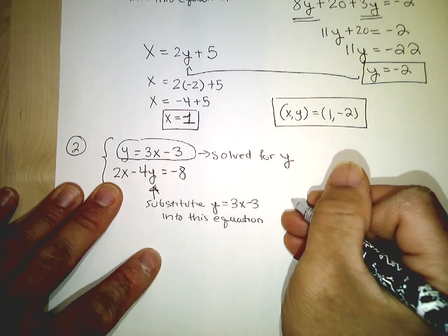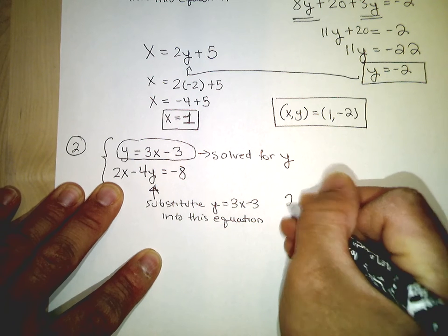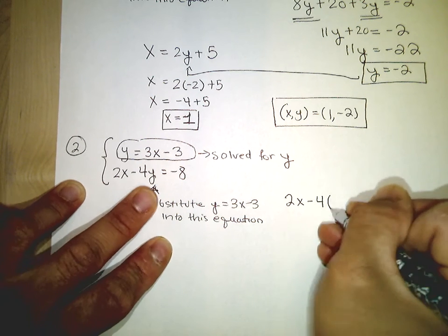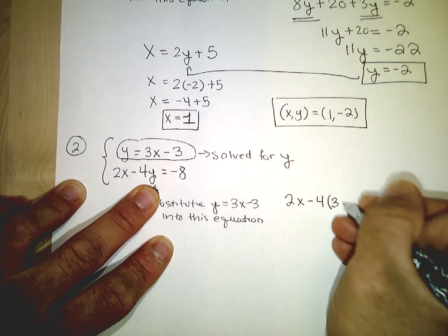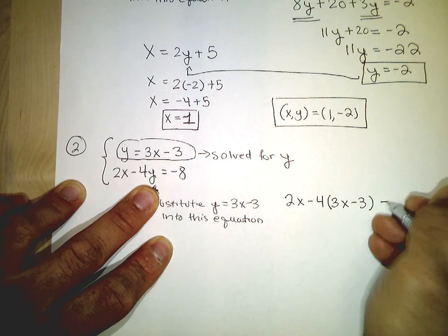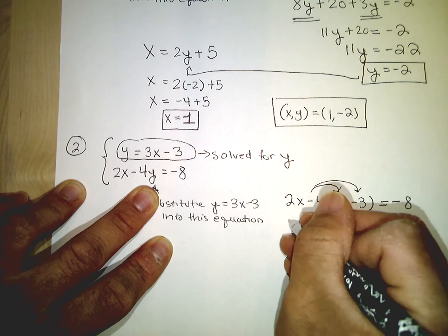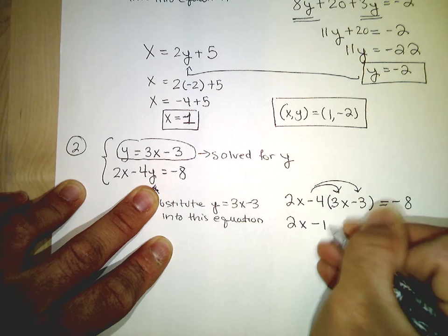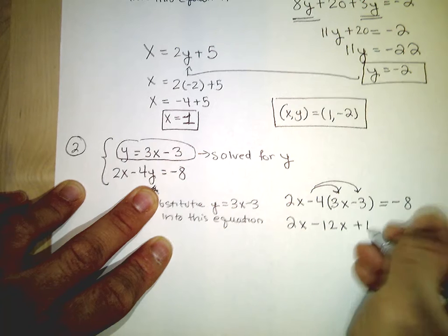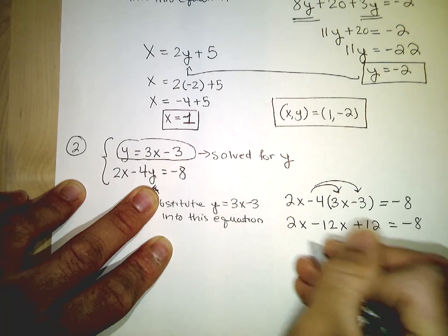So we have 2x minus 4 times, let's use parentheses, 3x minus 3, equals negative 8. Distribute the negative 4 here to get 2x minus 12x plus 12 equals negative 8.